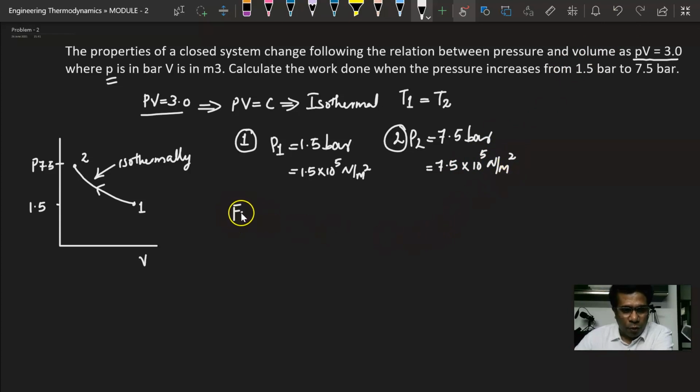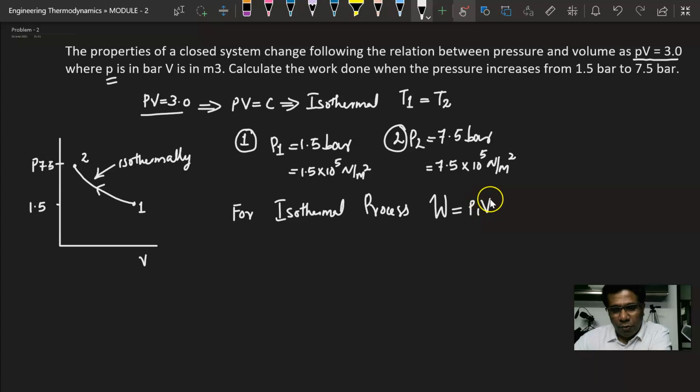For an isothermal process, we have the equation W is equal to P1 V1 ln V2 by V1, or we can apply the equation W is equal to P1 V1 ln P1 by P2 in terms of pressure.